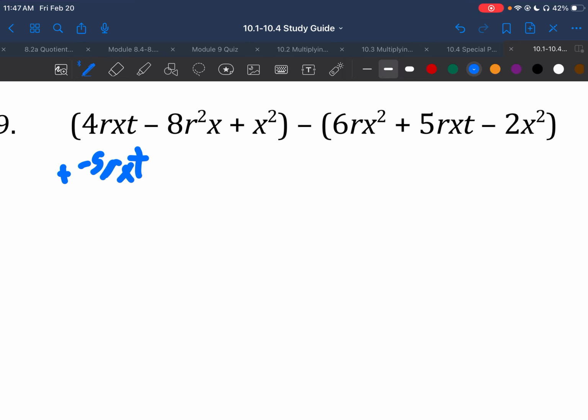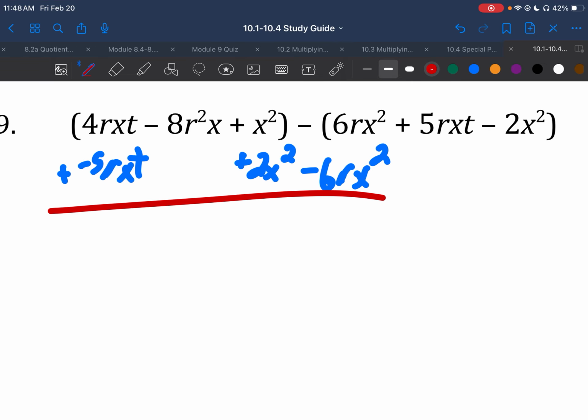And then I have, let's see, we've got minus r squared x. I don't have any r squared x terms. I do have an x squared term, so I'm going to add 2x squared there. And then we still have the minus 6rx squared. So that'll be at the end.